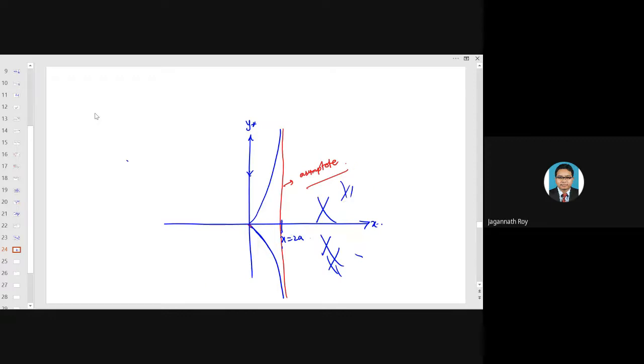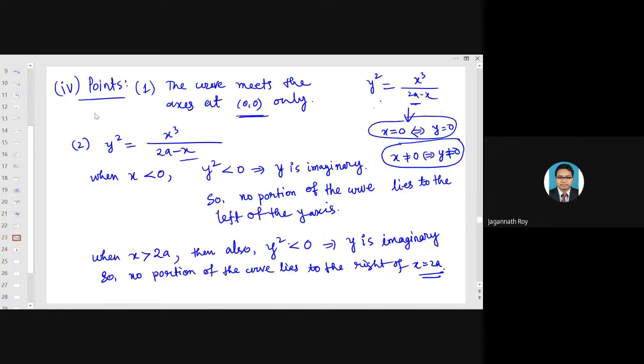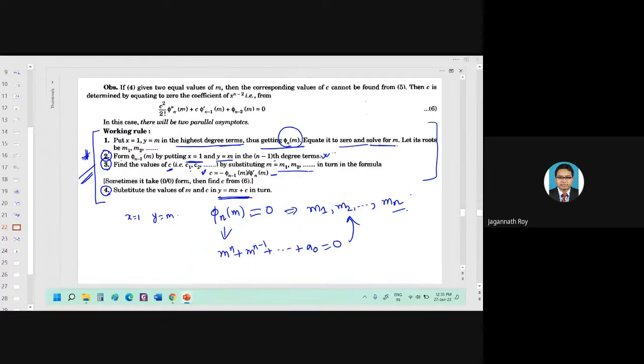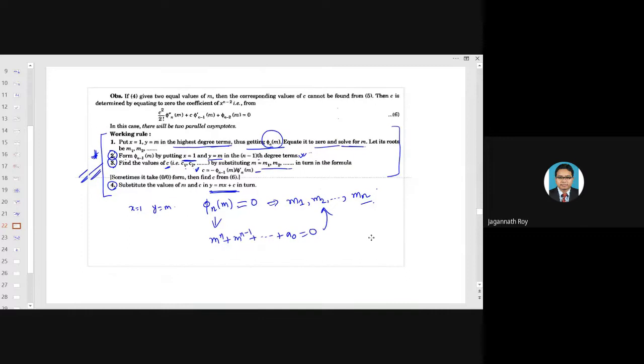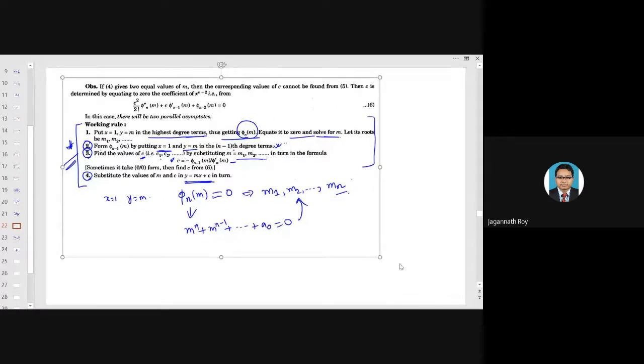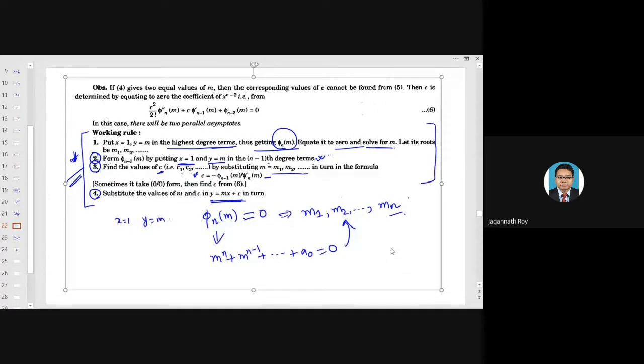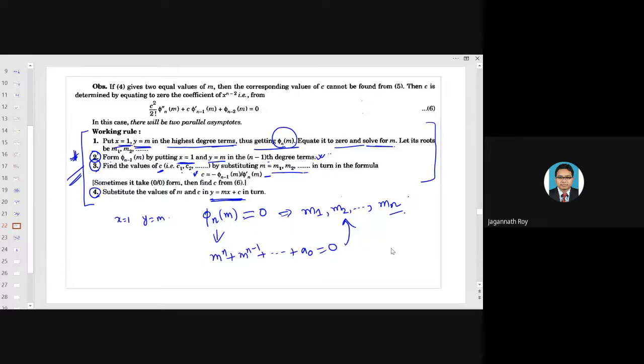But this is after plotting the graph. If you go back to check the idea of inclined asymptote, what happens if we substitute? For inclined asymptote, we have to put x equals 1 and y equals m in the highest degree terms.